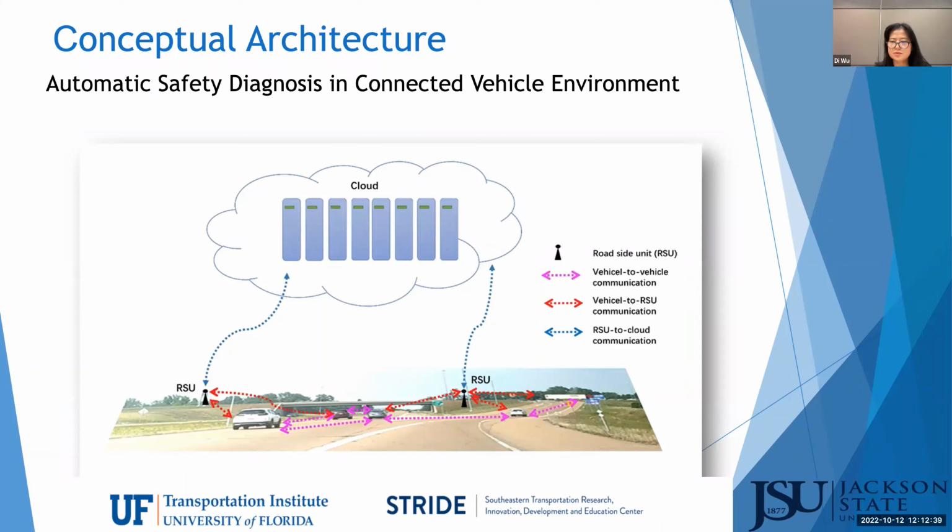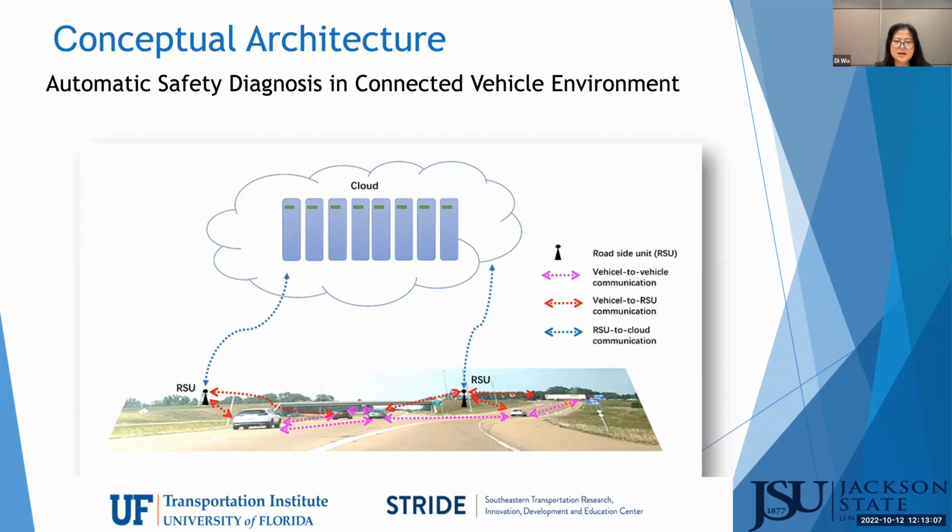So here's the conceptual architecture of the project. As we already know, in the CV environment, BSMs are generated in the vehicles and exchanged between the vehicles and the roadside units. So in our project, we set up a cloud to collect the historical BSMs for a certain period of time.